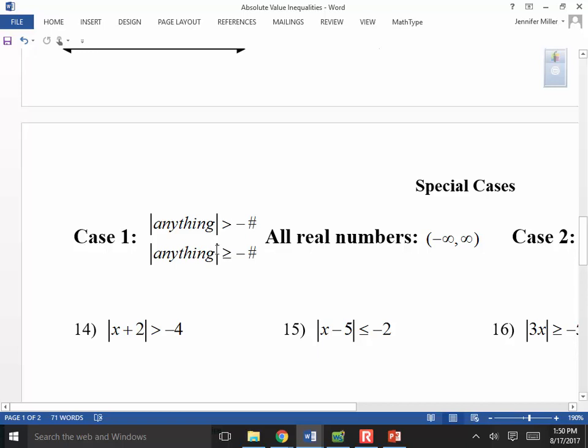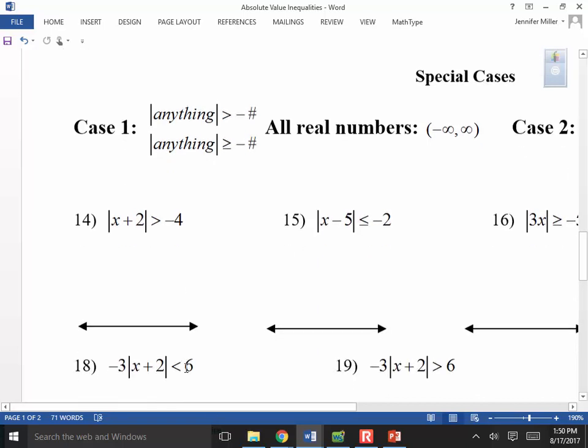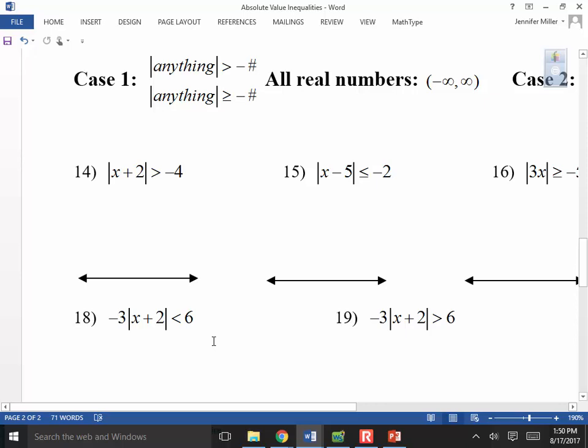All right, let's talk about some special cases. Now, I'm going to ask you a question. On number 14, it says the absolute value of x plus 2 is greater than negative 4, right? Okay, so who can think of a number that will make this true? We're just guessing here.